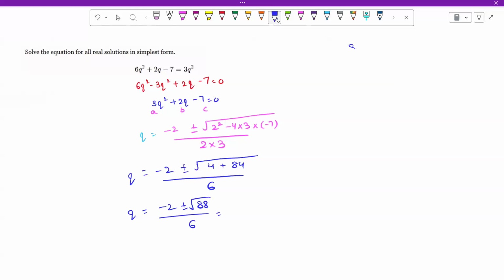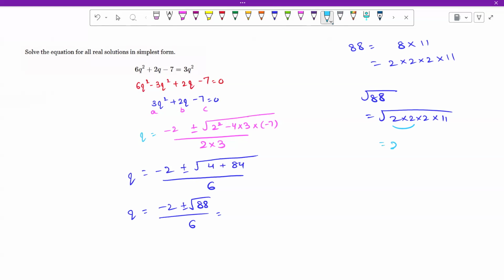Now see, 88's factors are, let's do it this way: 8 and 11, that means 3 twos and 11. So 88's square root means these 3 twos with the 11. And we know from the square root, out of one pair, one number can be taken out.